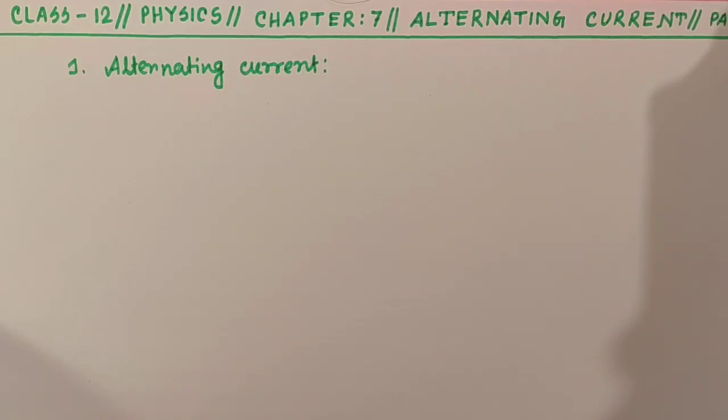An alternating quantity is one whose magnitude changes continuously with time between 0 and a maximum value and whose direction reverses periodically. Clear? I repeat, an alternating quantity is one whose magnitude changes continuously with time between 0 and a maximum value and whose direction reverses periodically.